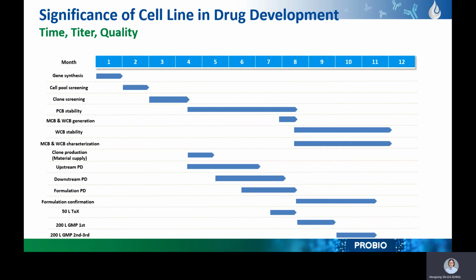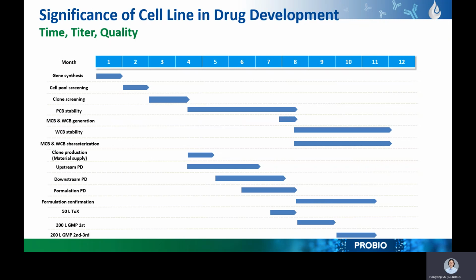In the clone stage, a platform evaluation program is used to select better clones as soon as possible so as to provide research cell bank PCBs for process development and analysis method study. In the MCB WCB stage, cells are provided for pilot production.